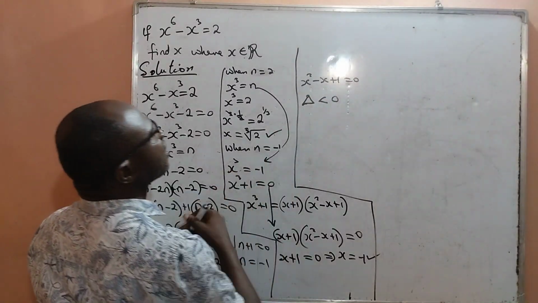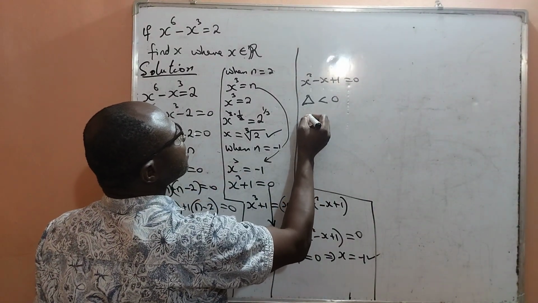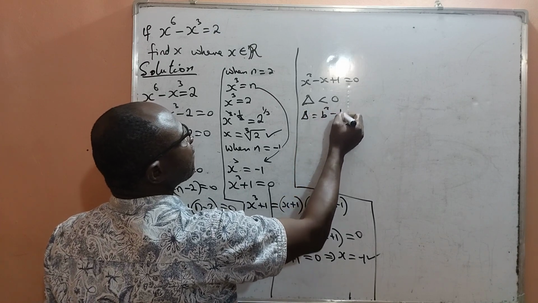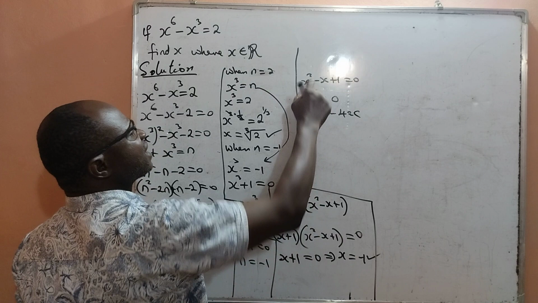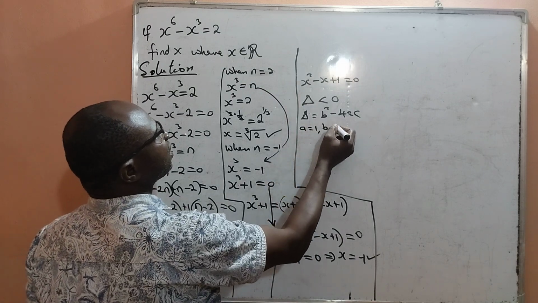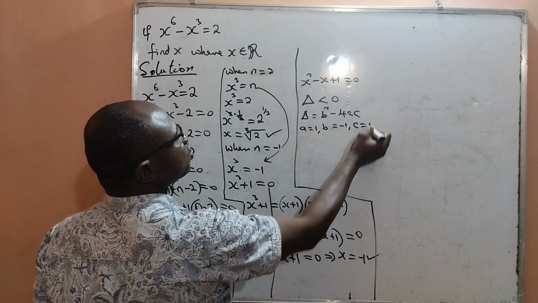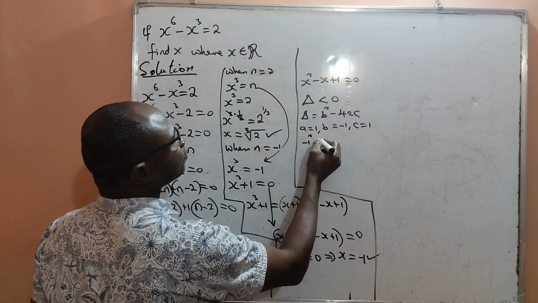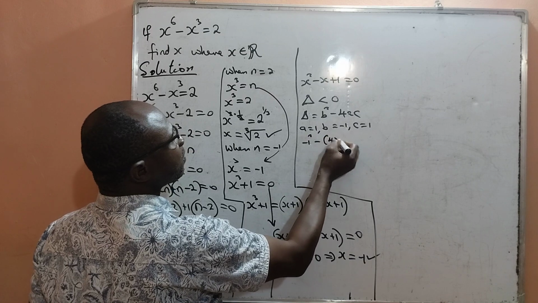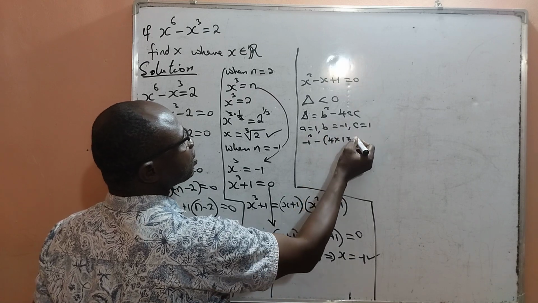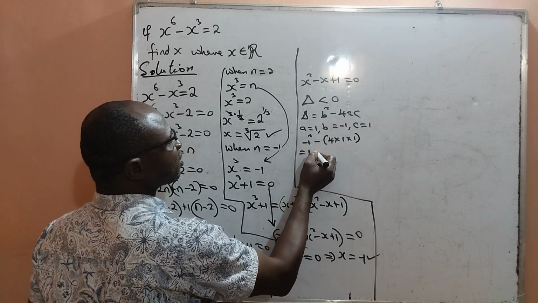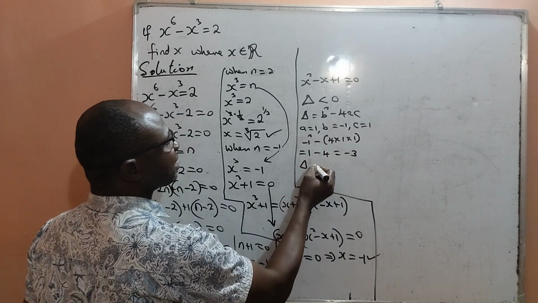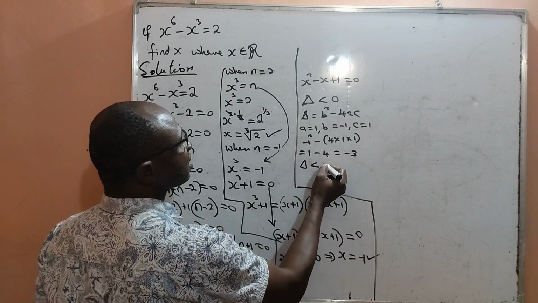So let's find out. The discriminant is b squared minus 4ac. And from here, a is 1, b is minus 1, and c is 1. So therefore, minus 1 squared minus 4 multiplied by a, which is 1, multiplied by c, which is also 1. This is going to give me 1 minus 4, equal to minus 3, implying that the discriminant is less than 0.